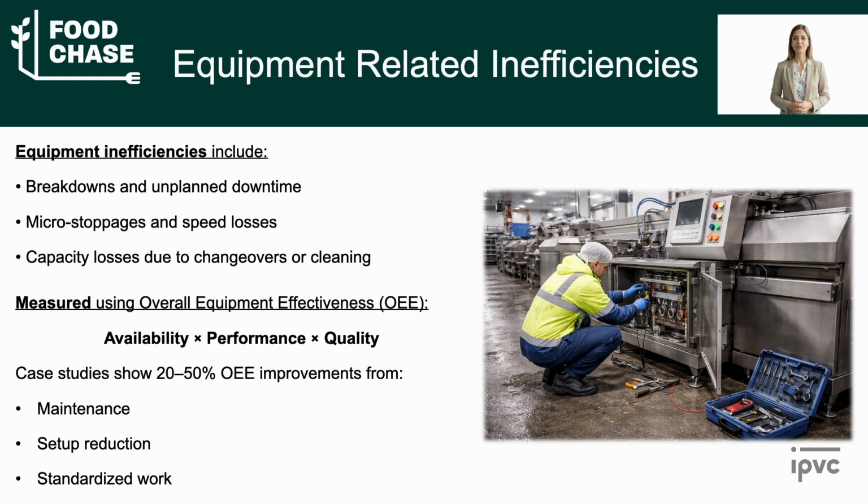These losses are often measured using overall equipment effectiveness, or OEE, which multiplies availability, performance, and quality to produce a single indicator of equipment performance. Case studies in food processing plants report OEE improvements of 20 to 50% after focused interventions in maintenance, setup reduction, and standardized work, with strong positive effects on unit costs and service levels.